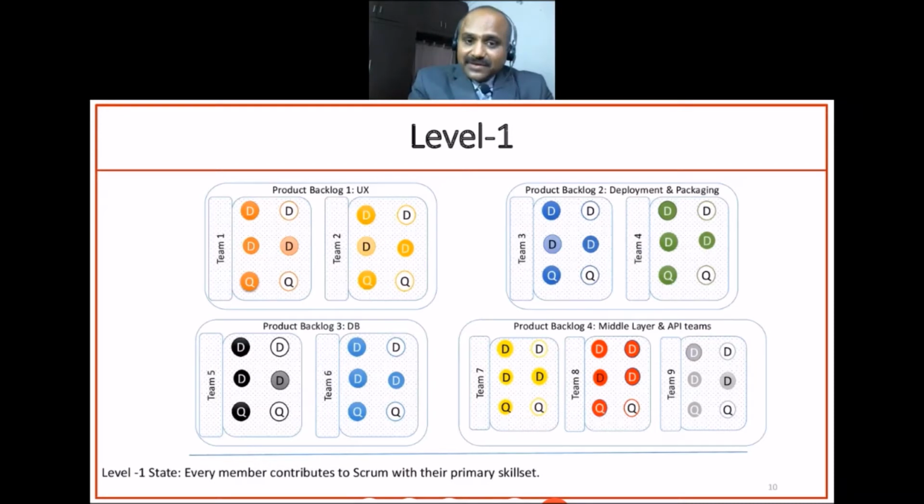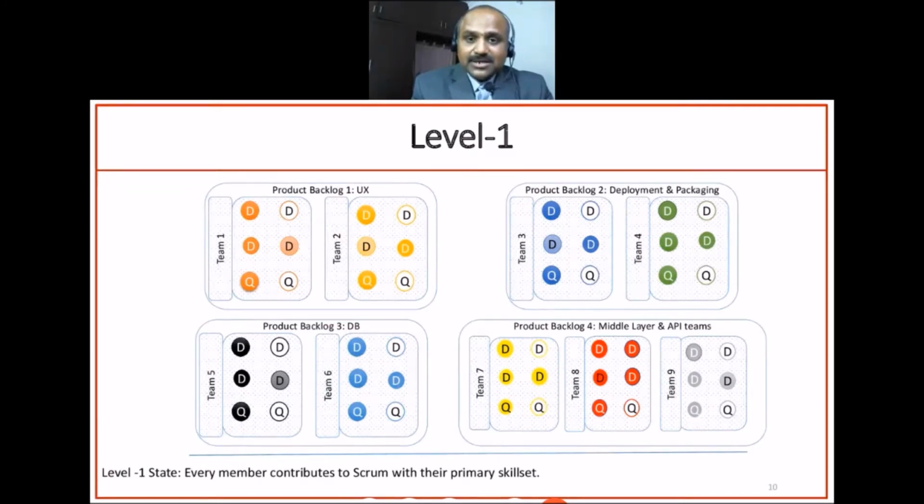Okay, level 1. For people who are new to Agile, I'm saying product backlog is nothing but a requirement collection. Okay, product backlog in Agile means it is the living document of all stories, all requirements. Because at this point in time you have UX, you have deployment and packaging, you have DB, and you have middle layer and API teams.